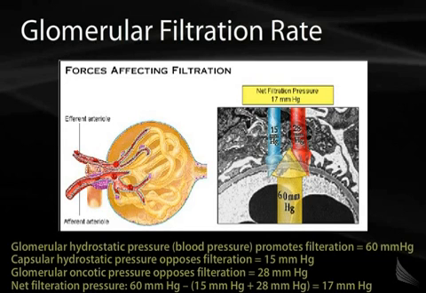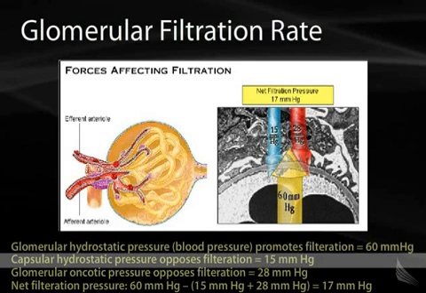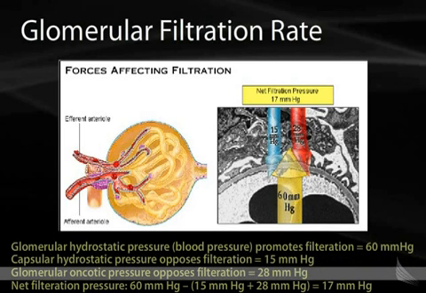The numbers are not important to remember. However, for the purposes of the review, the glomerular hydrostatic pressure, which promotes filtration, is approximately 60 millimeters of mercury. The Bowman's capsule hydrostatic pressure, which opposes filtration, is approximately 15 millimeters of mercury. Glomerular oncotic pressure, which opposes filtration, is approximately 28 millimeters of mercury.